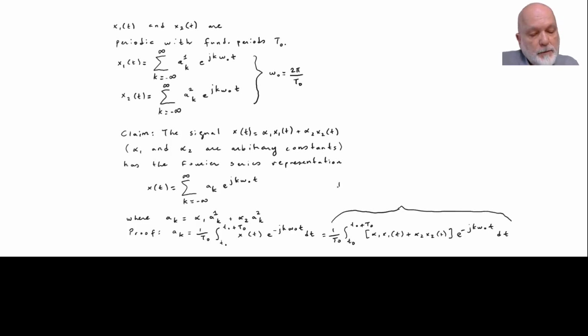It is 1 over t0. Alpha 1 is a constant, therefore it can be taken outside the integral.